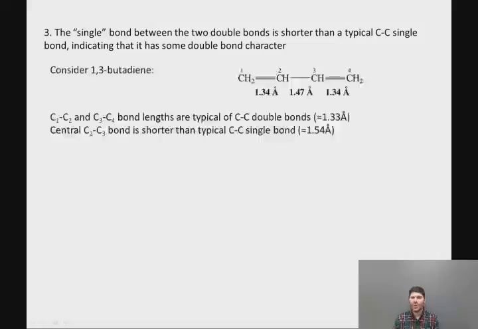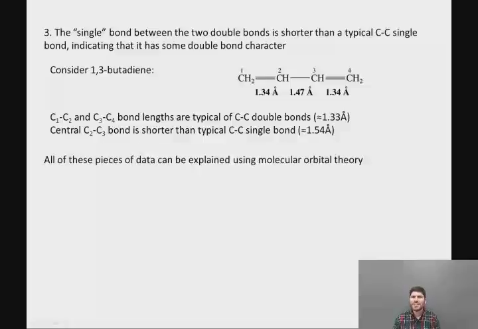If we consider 1,3-butadiene, the double bonds, as you would expect, have bond lengths of 1.34 angstroms, which is right on target for a double bond. But the carbon-carbon bond between C2 and C3, the central bond, which is of course drawn as a single bond, has only a bond length of 1.47 angstroms, which is shorter than a typical carbon-carbon single bond of 1.54 angstroms.